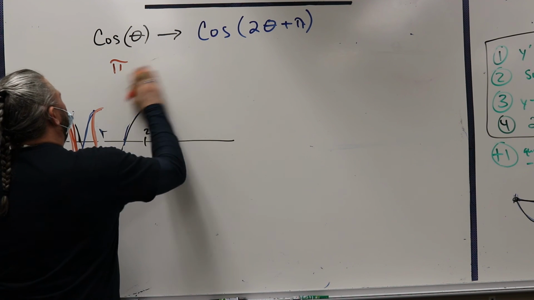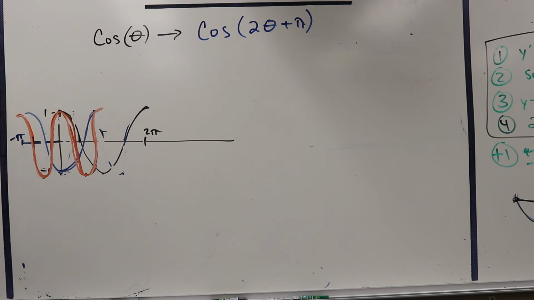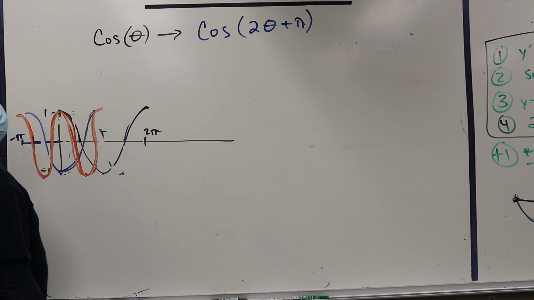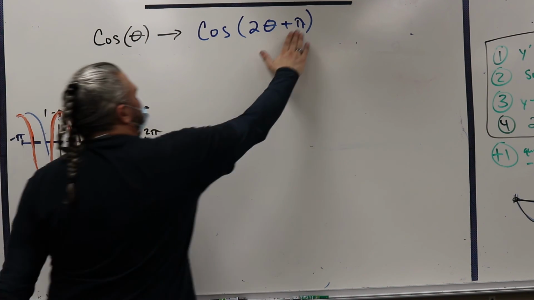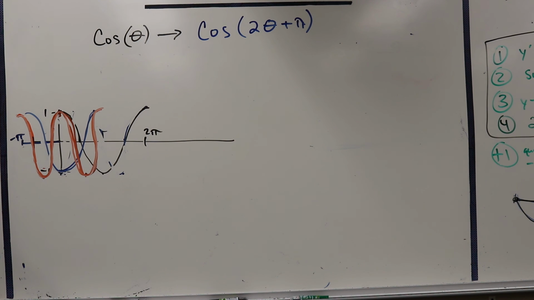I'm going to make sure that I read this one before I print it, so it comes out nice in the way I want it. Because the pi should be happening to the theta. So it should be adding or subtracting from the theta. So that's a good question.